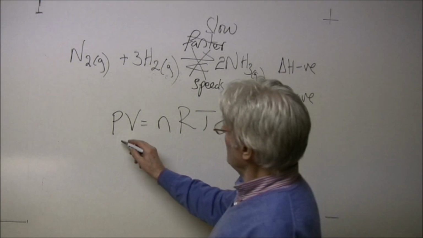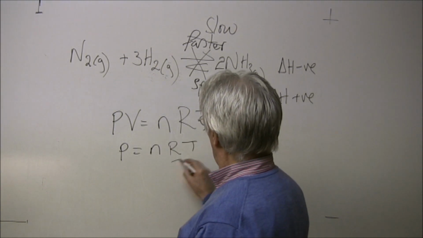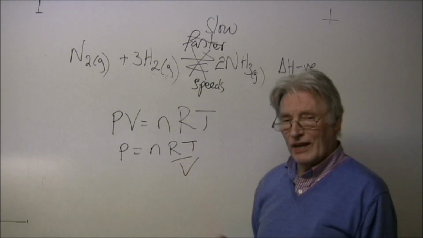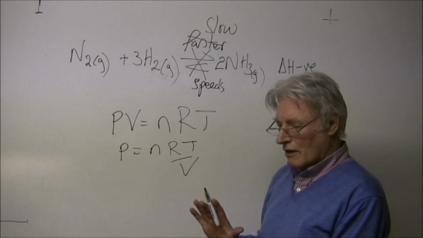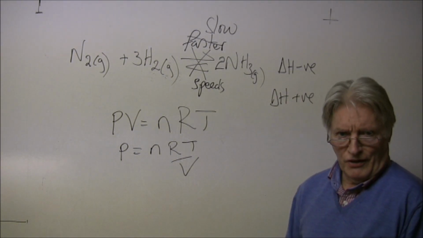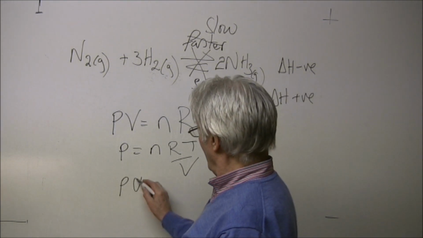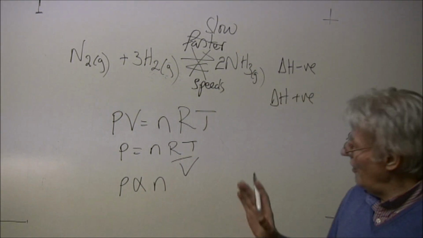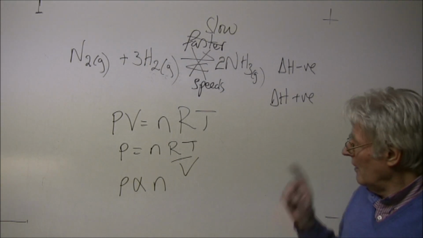I can rearrange this and say P equals nRT over V. Now, R is the gas constant, it's constant. We're keeping the temperature T constant. V is the volume of the container, it's not changing, it's constant. Therefore we can say that P, the pressure, is directly proportional to n, the number of molecules in the container. And that's what we want to keep in mind as we apply Le Chatelier's principle to this situation.